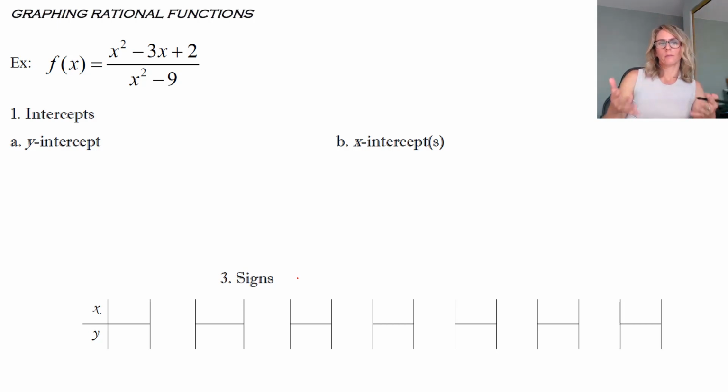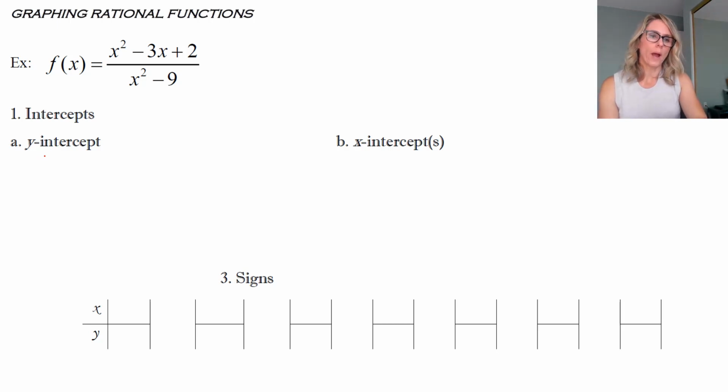So now let's take a look at this. Graphing rational functions. There are pieces to this that we want to think about. There's some common things when we did polynomials, and then a couple new things because we have rational functions. So we can still think about the intercepts of a rational function.